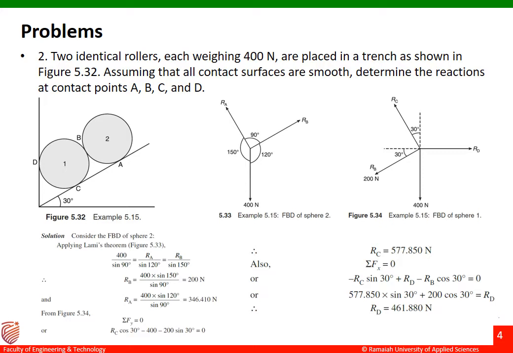Because if the contact surfaces are smooth, there will not be any friction. If the contact surfaces are rough, the friction force will also be acting. In order to avoid that friction force, they are writing this condition, that is contact surfaces are smooth. That means there will not be any friction force between the contact surfaces.